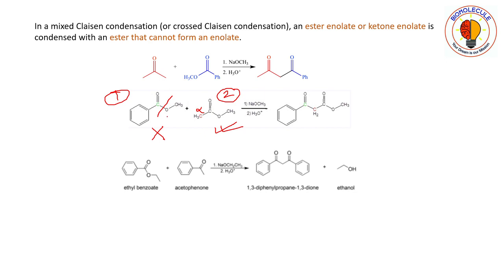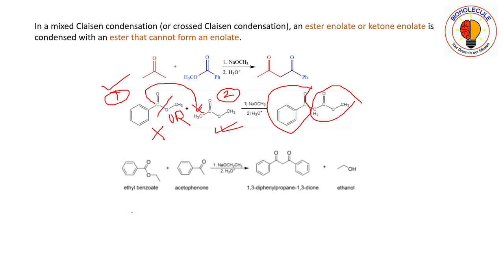So you break the OR part over here and add this remaining portion to the alpha carbon. This is your second molecule, and this is the additional part which came from the first molecule.